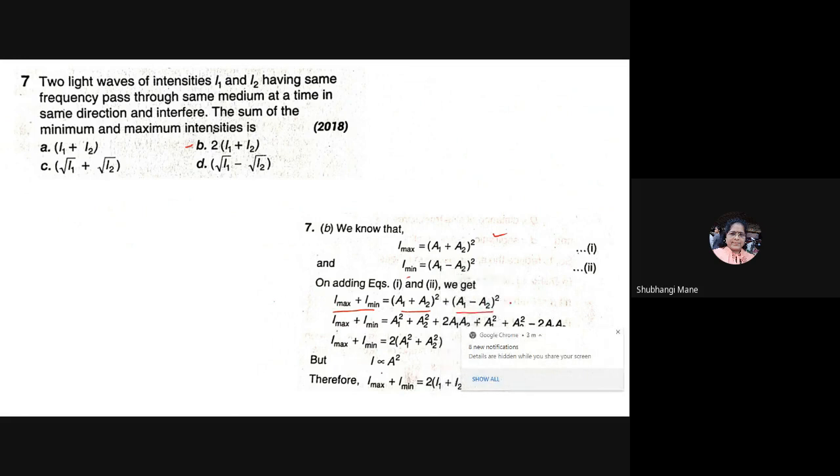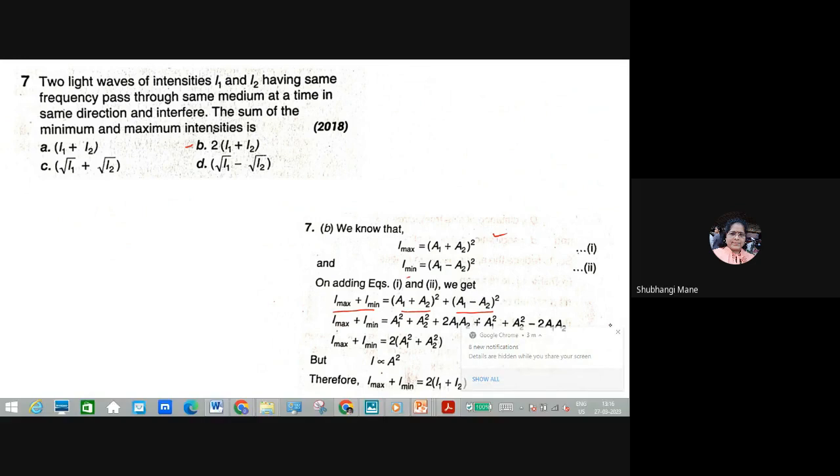So, what is the meaning of this? I maxima plus I minima equals 2 into A1 square plus A2 square. So, what is A1? A1 is the amplitude of wave having intensity I1. I is directly proportional to A square. ठीक है?